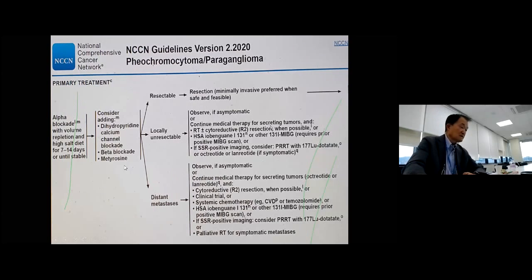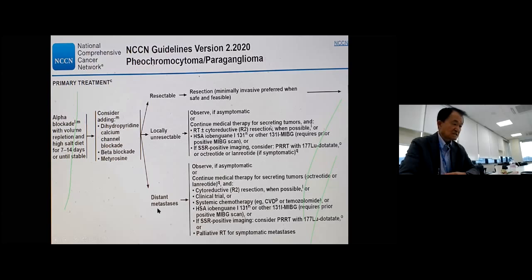So basically, we usually start with an alpha blocker, followed by beta blockade to control cardiac rhythm, or a combination. And then resectable case is the surgery. But unresectable, we usually have this imaging, MIBG, and then this peptide therapy using lutetium DOTATATE nowadays.